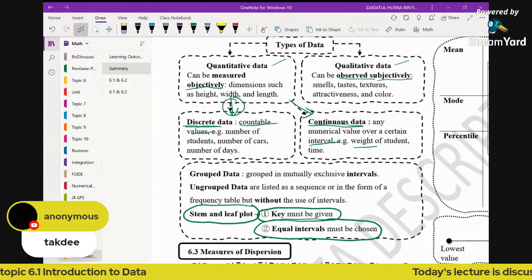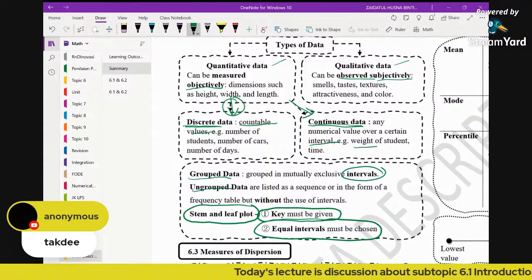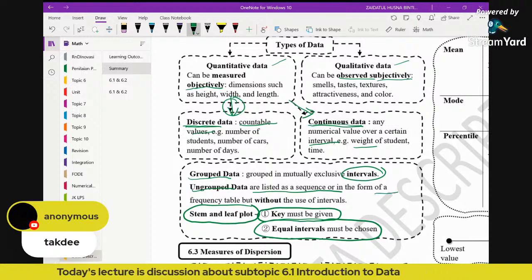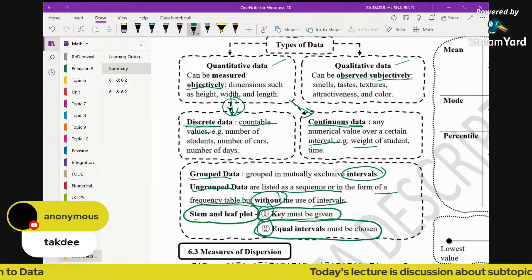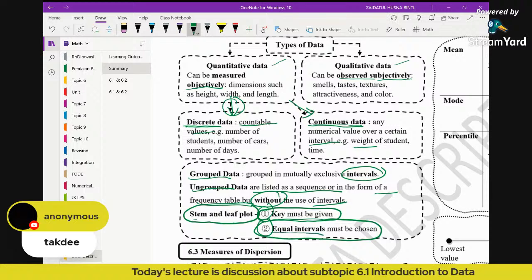Then grouped data, so the keyword here is interval. And ungrouped data are just listed as a sequence or in the form of a frequency table without the use of intervals. And when it comes to stem and leaf, you have two conditions: you have to provide a key, and equal intervals must be chosen.